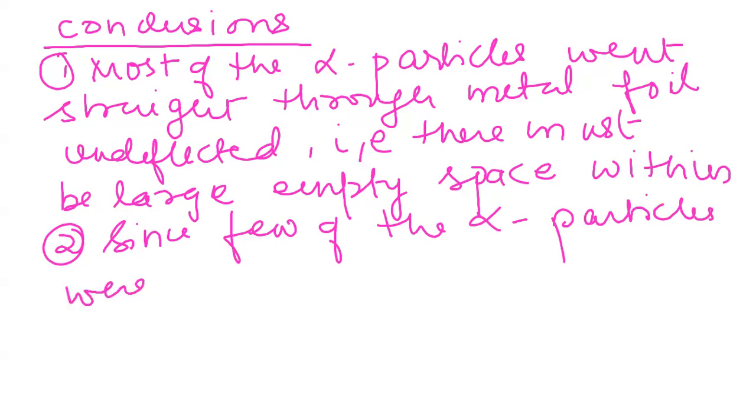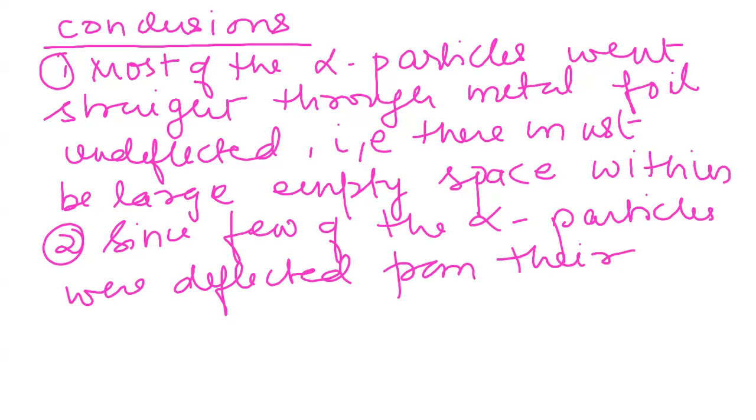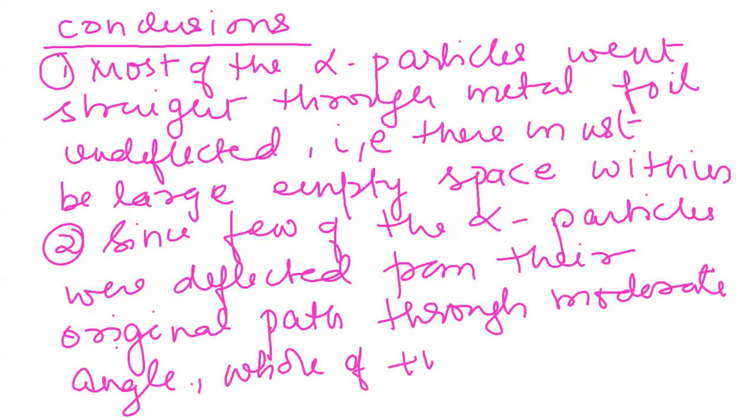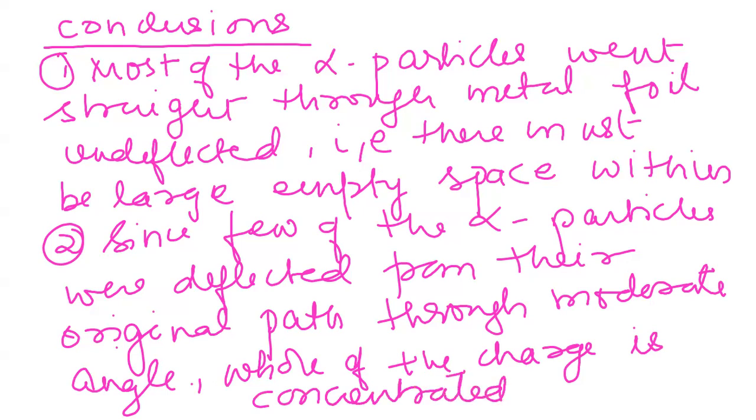Second, since a few of the alpha particles were deflected from their original path through a moderate angle, it was concluded that the whole of the positive charge is concentrated, and the space occupied by this positive charge is very small.